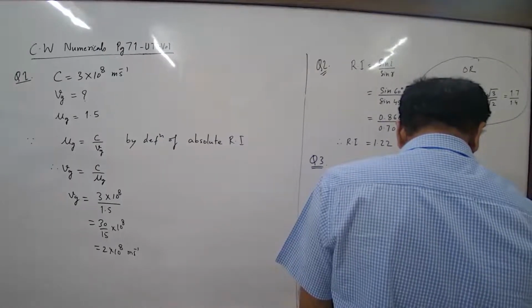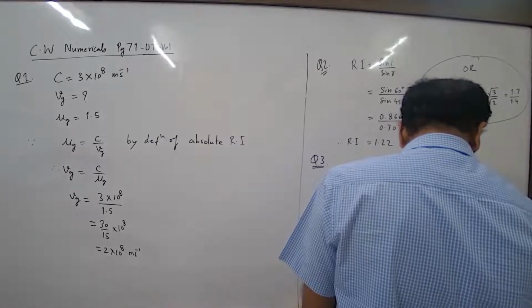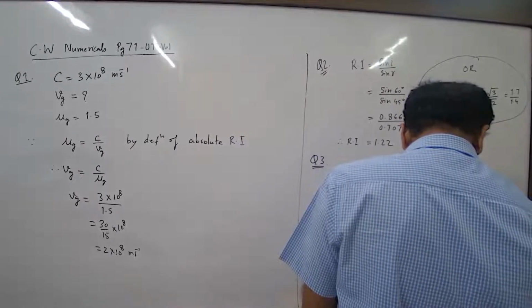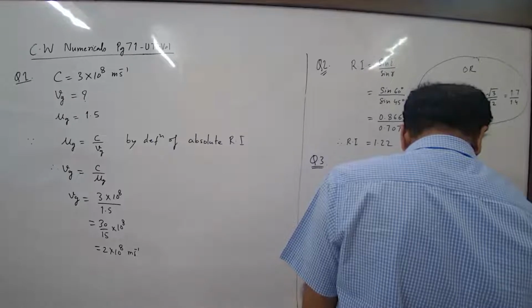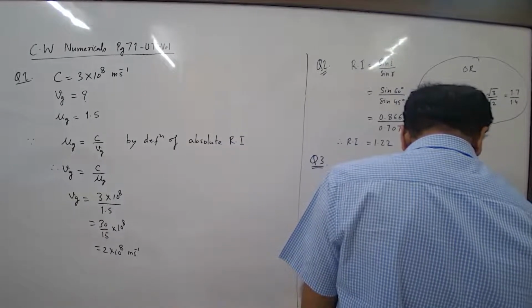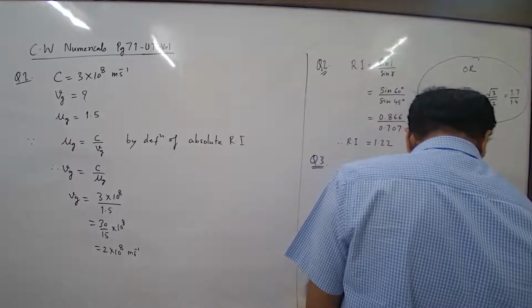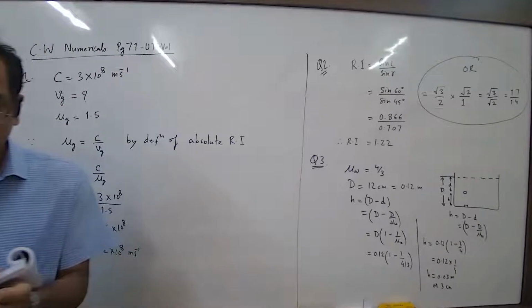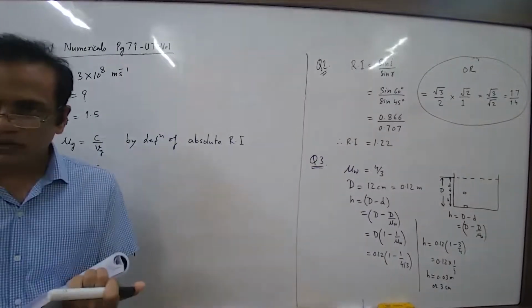This is 0.12 into 4 minus 3, that is 1 by 4. This is 0.03 meter or 3 centimeter. So the coin will shift up by 3 centimeter.